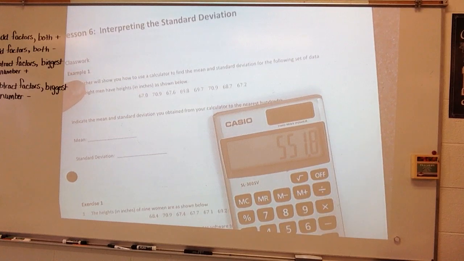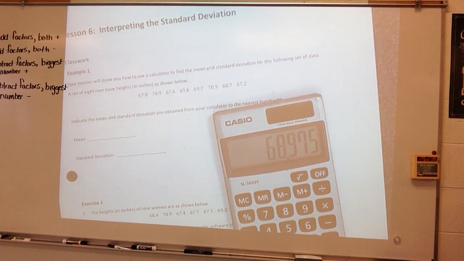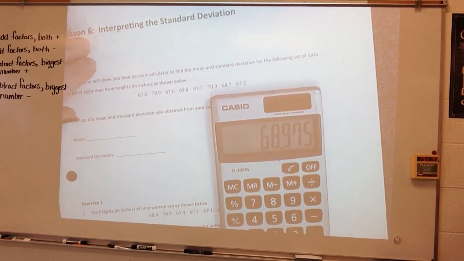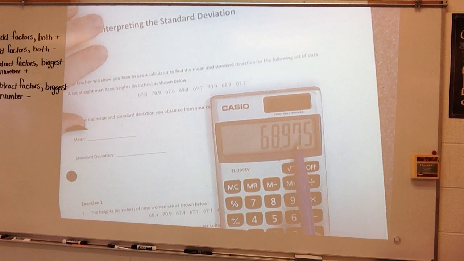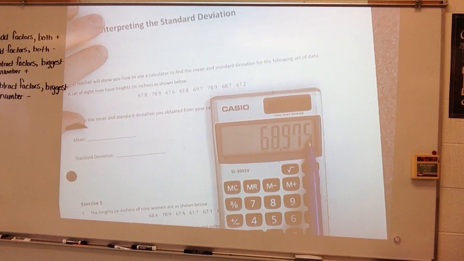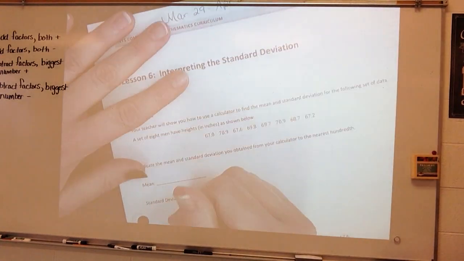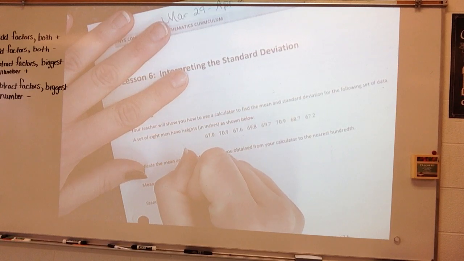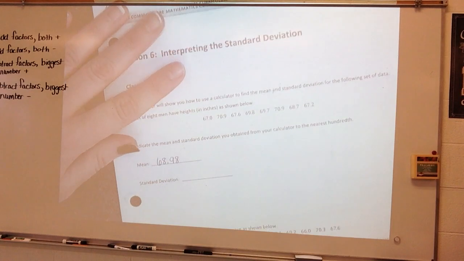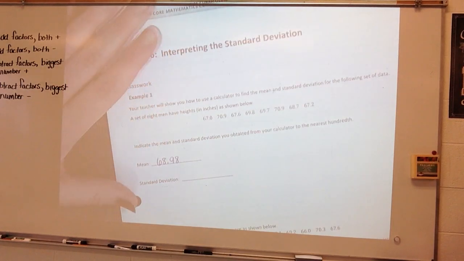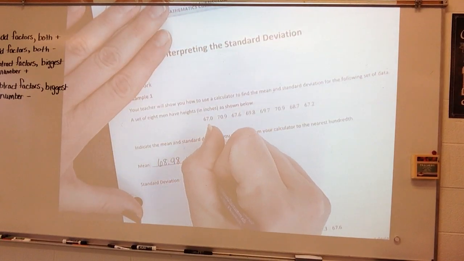I'm going to divide that by 2, 4, 6, 8. Alright, and this is what I get. We're going to round it to the nearest hundredth. That's a 5, so I'm going to bump up. So I get 68 and 98 hundredths. And we are dealing with inches.